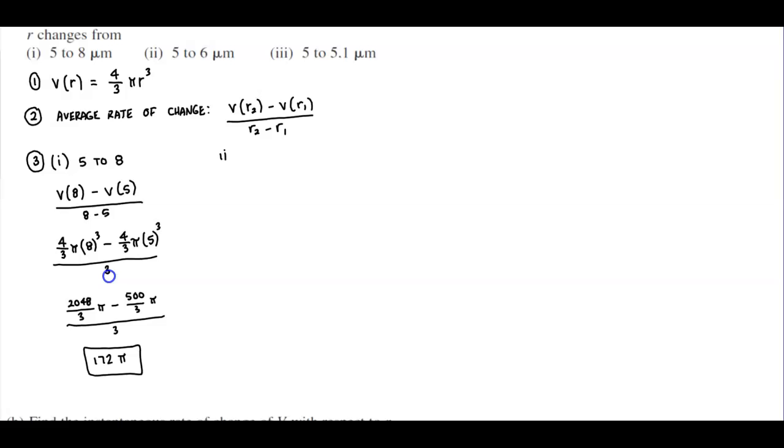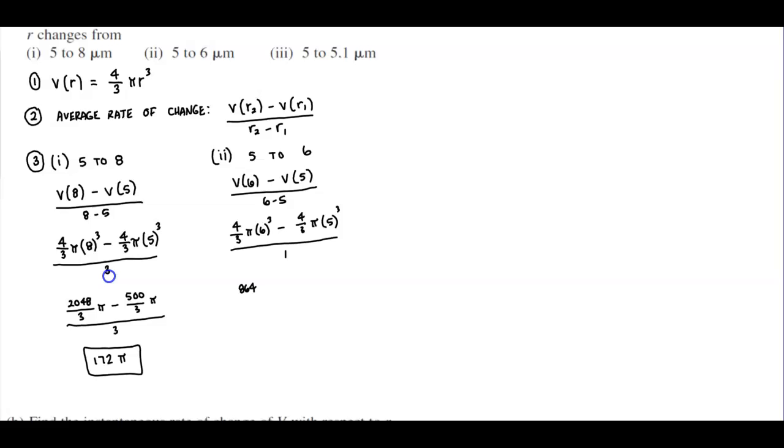Okay, and now we want to go from 5 to 6. So we have V of 6 minus V of 5 over 6 minus 5. So we have 4/3 pi times 6 cubed minus 4/3 pi times 5 cubed over 6 minus 5, which is 1.